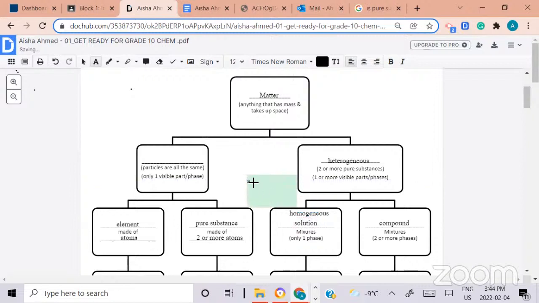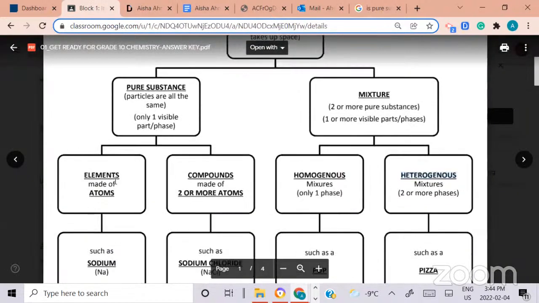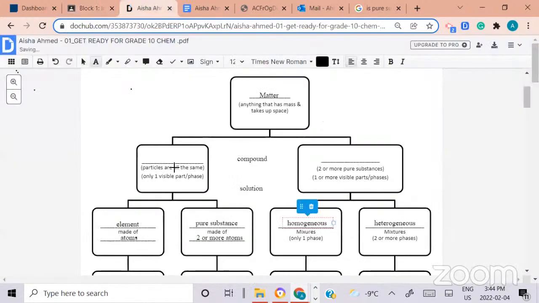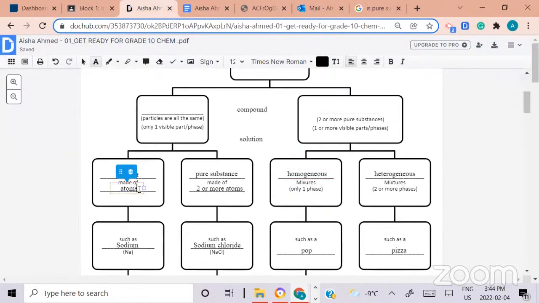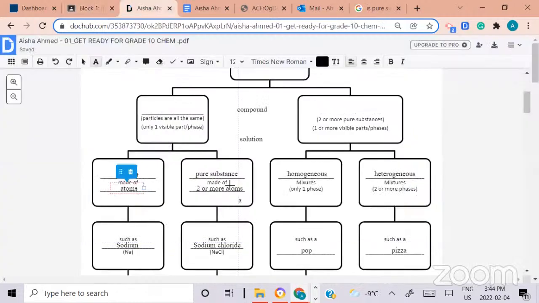So homogeneous and heterogeneous. Okay, then here's elements made of atoms, compounds made of two or more atoms.